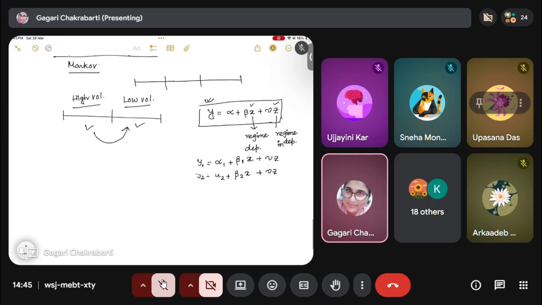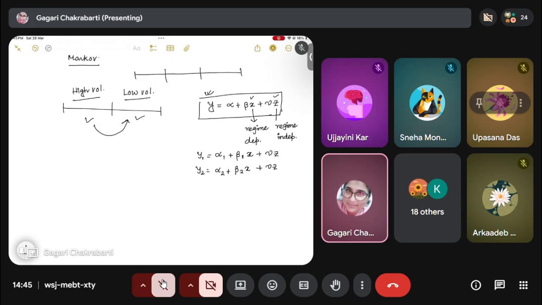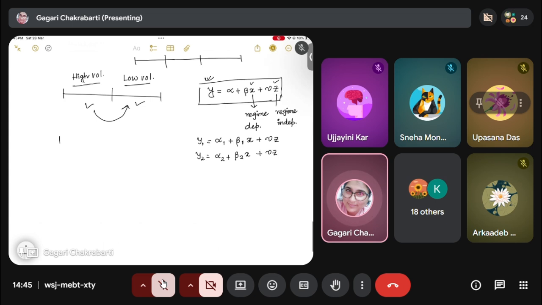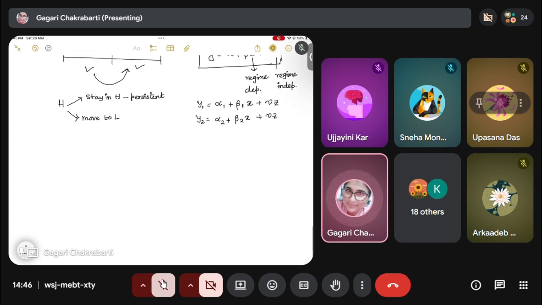Now see, এবারে suppose y starts from a high volatility regime. So starting from it, it can stay in the high volatility regime or it can move to the low volatility regime. So if it stays in the high volatility regime, then we say that it is persistent. আরেকটাও হতে পারে, suppose it starts from low.